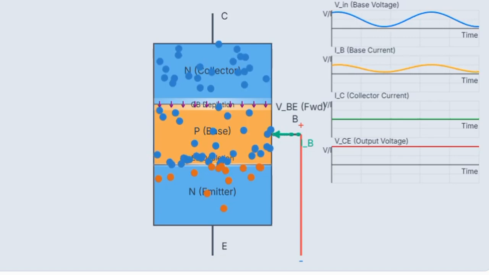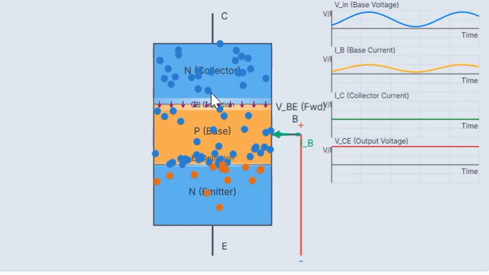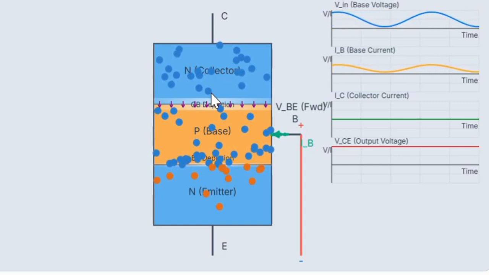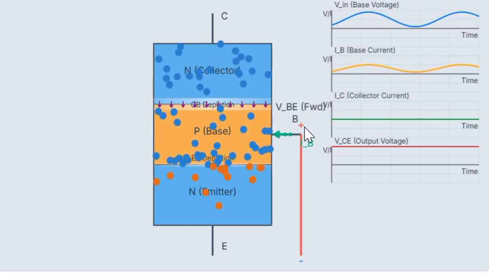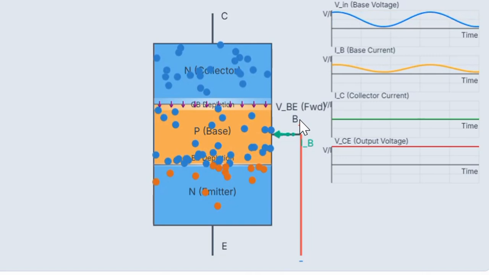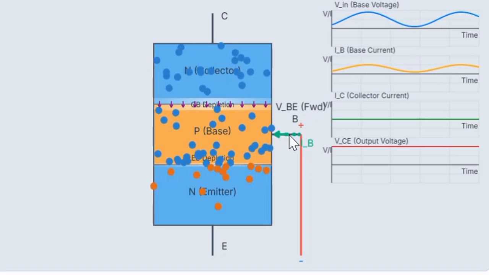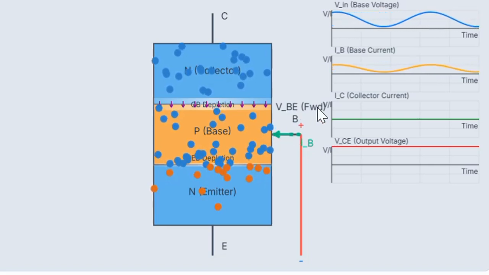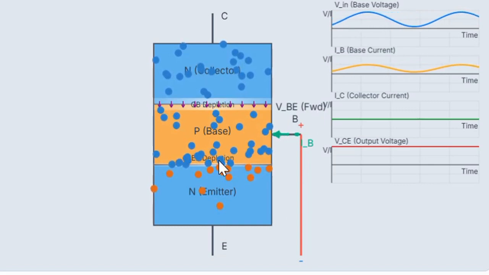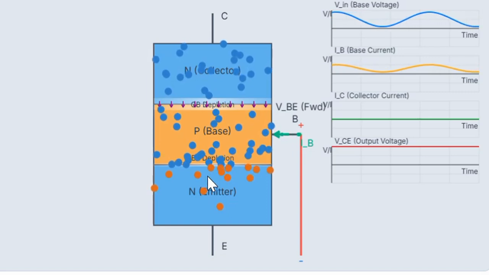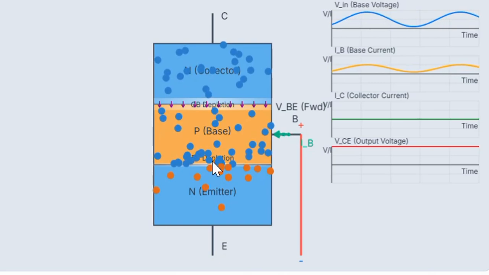Now a small biasing is applied to this transistor, a small positive. You can see clearly in this simulation picture or diagram that the current flow is small, with VBE in the forward direction. That narrows the depletion region and allows electrons from the emitter to be injected into the base region.